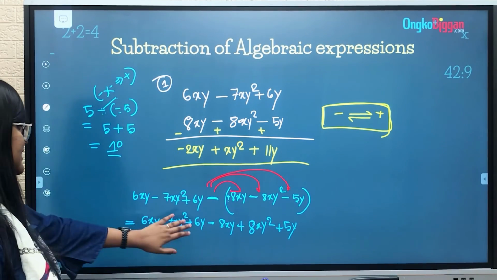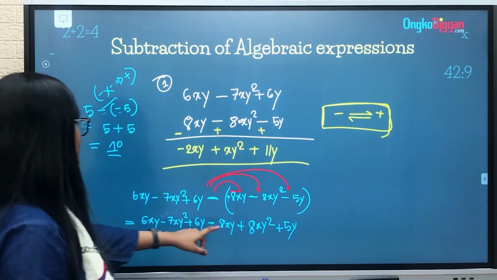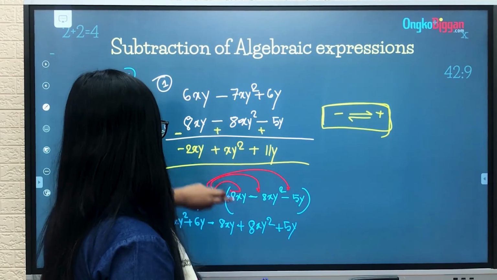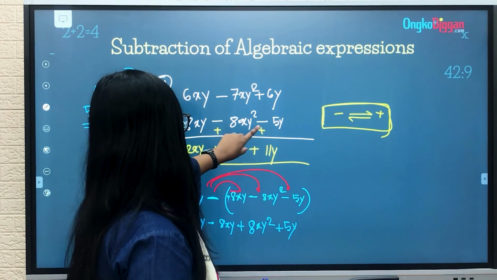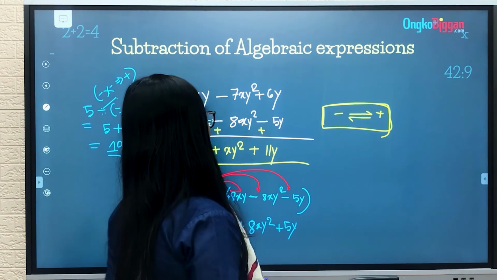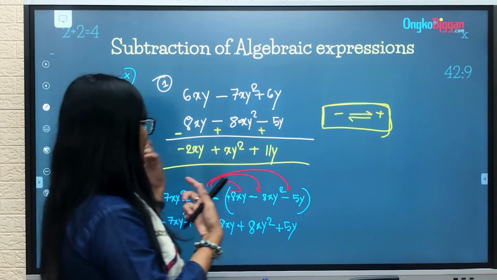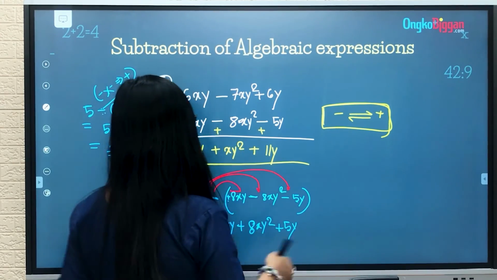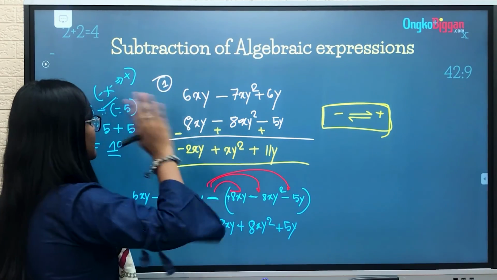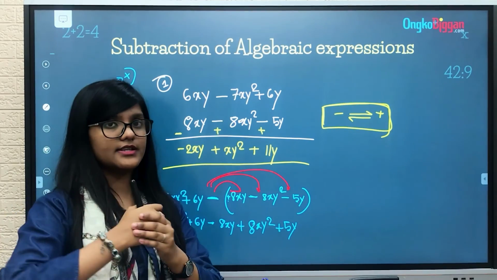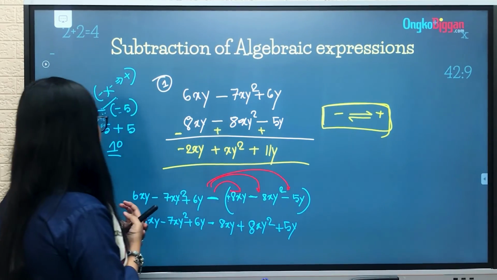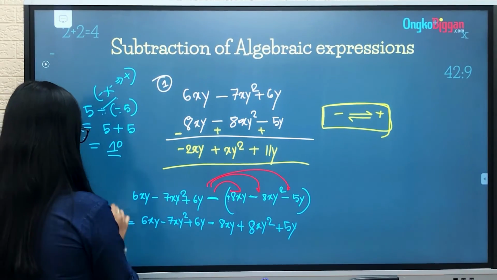So you can do it in this way as well. So we are actually getting back this term, minus 8xy plus 8xy squared plus 5y. So basically when you are asked to find the difference, you will just change the sign. All the signs will be changed, just reversed. It's the basic technique.